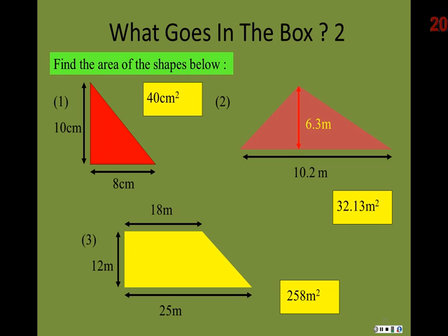So the base is 7, the height is 12, that's 84, but you have to divide it by 2 because it's a triangle. You get 42. And then half of that because it's a triangle. So now you have 42 plus 216, and when you add those together, that's where you get the 258 meters squared. Okay?